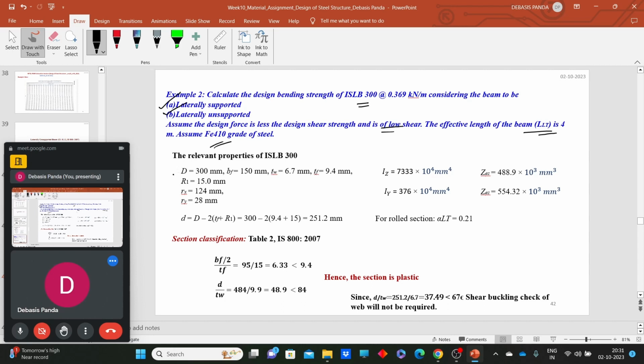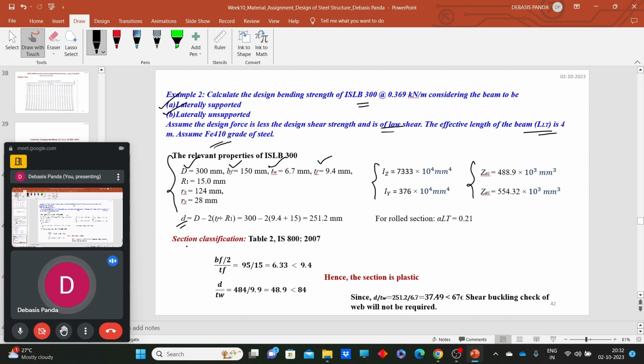The relevant properties of ISLB 300 we can get from SP 6(1), where D is the overall depth, bf the width of the flange, tw the thickness of the web, tf the thickness of the flange, and Iz and Iy the moments of inertia, and the effective depth d we can calculate as overall depth minus 2 into (tf plus R1), as we have just seen.